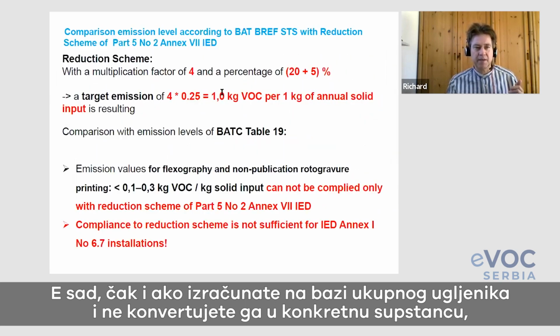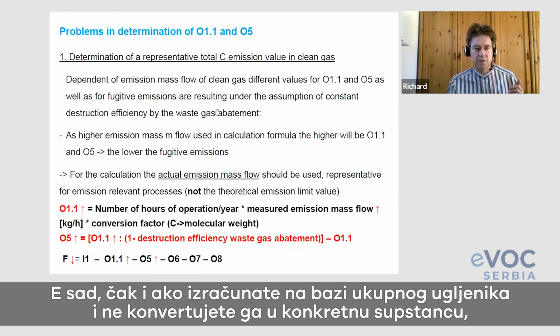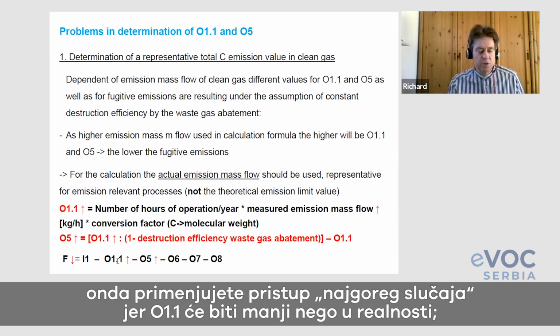But coming back to that one, even if you calculate this as total carbon and do not convert it to a substance, then you do a worst case approach, because O11 will be smaller than in reality.